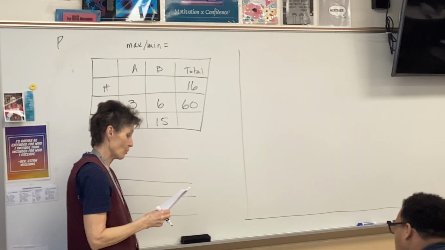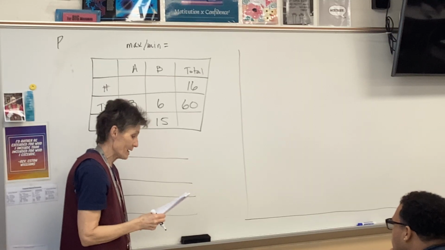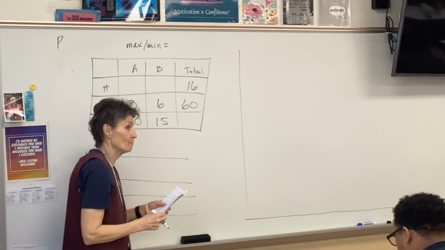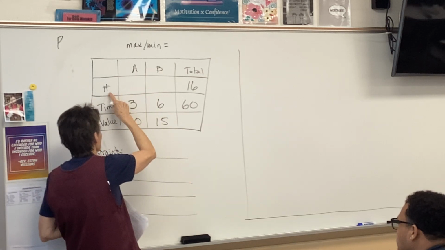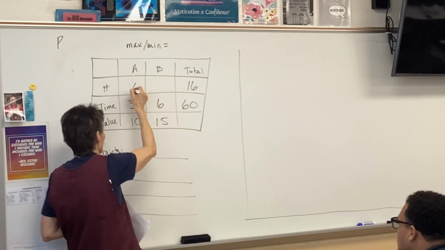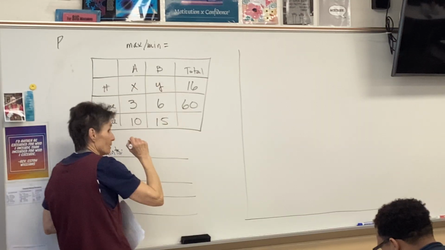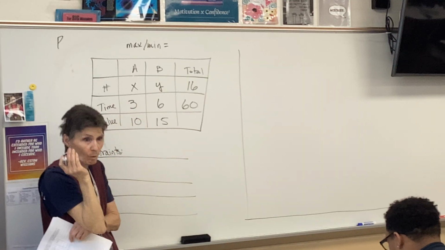Assuming all of your answers are correct, how many items of each type should you answer to get the best score? So isn't this what we're looking for? The number of A's and the number of B's? So let's call that X and Y. Normally, don't we call X what we're looking for?